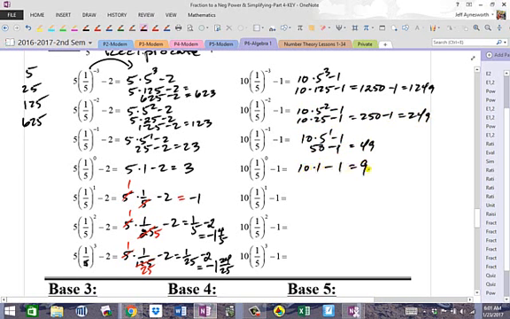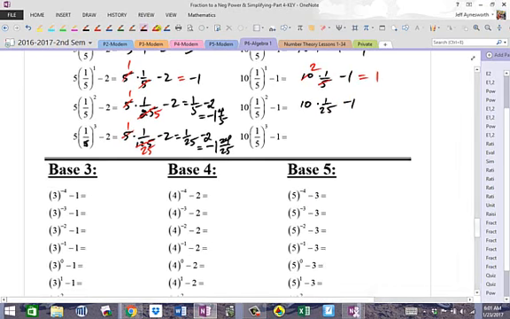Here, this is 10 times a fifth minus 1. A fifth of 10 is 2, because 2 times 1 is 2 there. All right, minus 1 is just 1. And this is 10 times 1/25 minus 1. You got to do a little simplifying here. So let's do it. Divide both by 5. So we get 2 here, 5 here. So you have 2/5 minus 1.